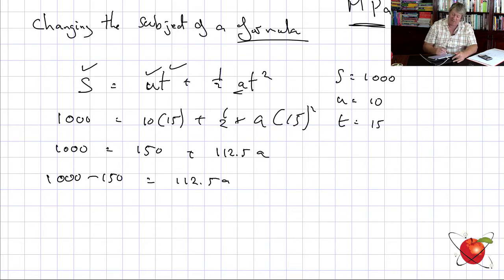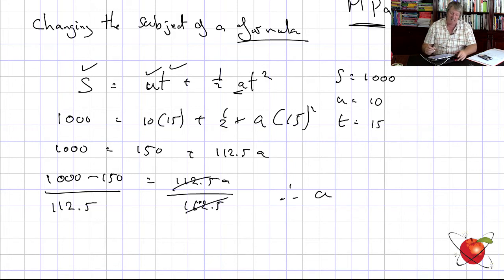Therefore, the next thing we're going to do is divide both sides by 112.5, and that cancels, and therefore we get A equal to 1,000 minus 150, divided by 112.5, which is 68 over 9, which is 7.56.